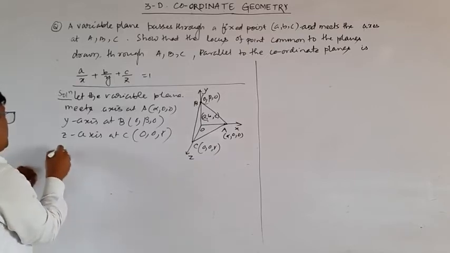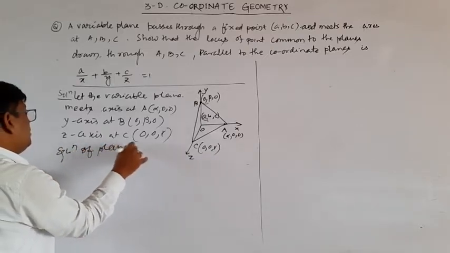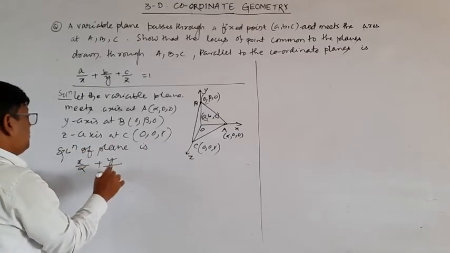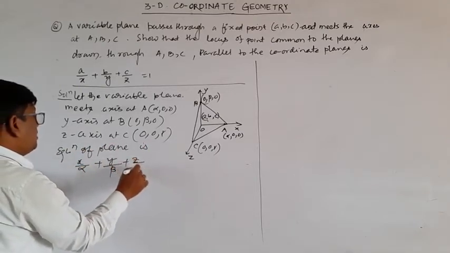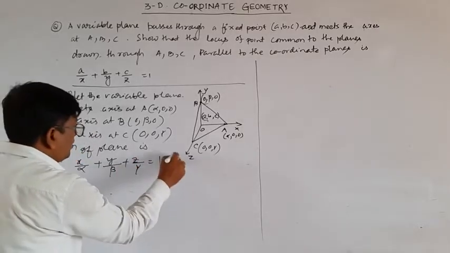Therefore the equation of the plane is x/alpha + y/beta + z/gamma = 1. This is equation 1.